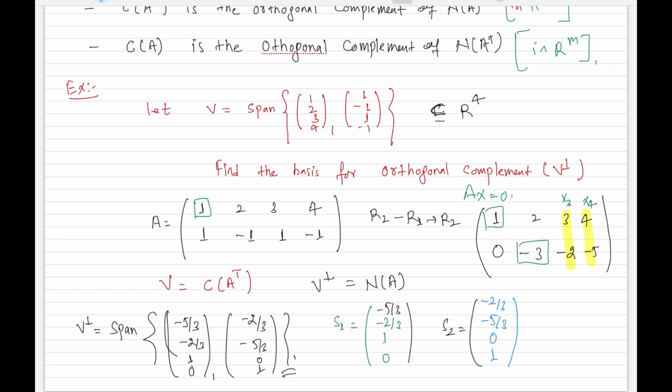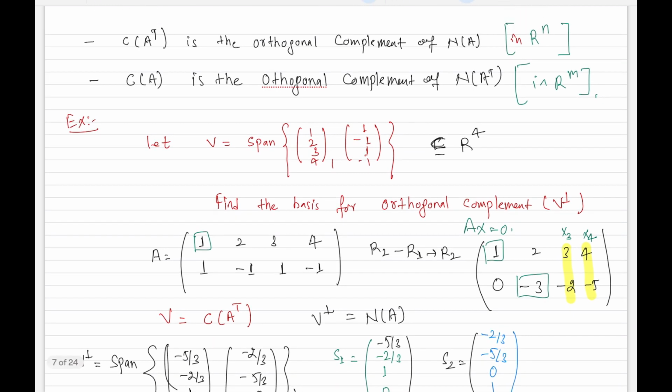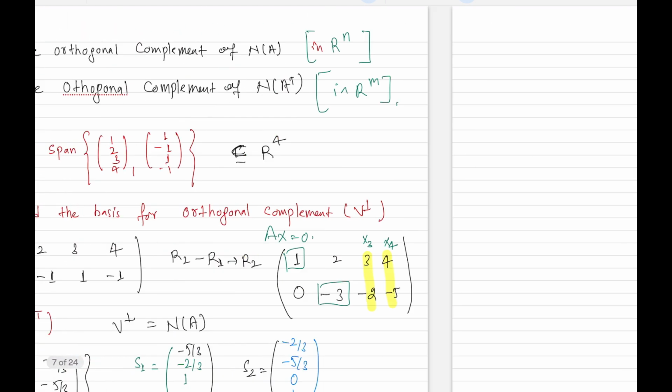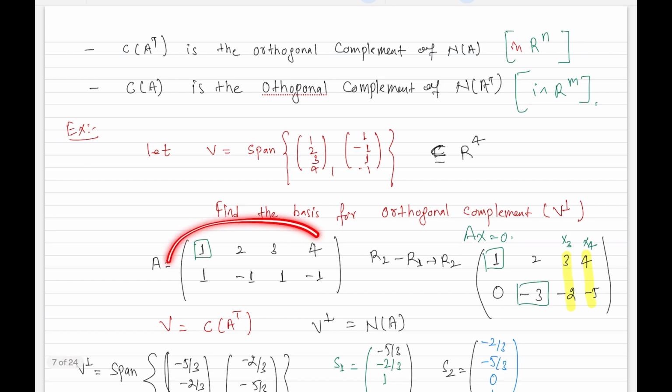Another way we can find this is the left null space, right? So let's do that also. What we did just now was the formation of vector A by considering this as a row vector. Now maybe let's call this vector b.